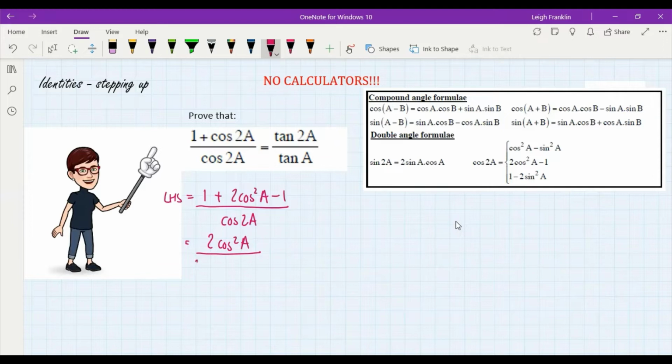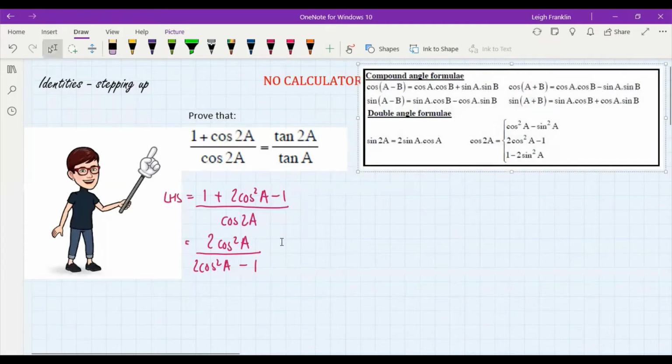I mean, if I did this, if I went 2 cos squared a minus 1, change it to sine. Okay, if I changed it to 1 minus 2 sine squared a, then I've still got this problem, can you see here, where I've got 2 terms at the bottom and only 1 term at the top, right?